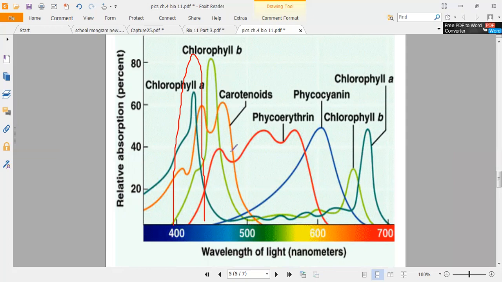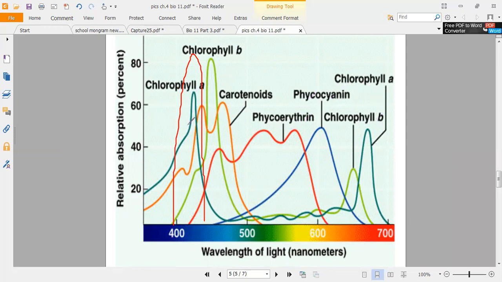You can see this high peak. Phycoerythrin, erythrin means red, absorbs the red color in this range, between 500 to 600 nanometer.